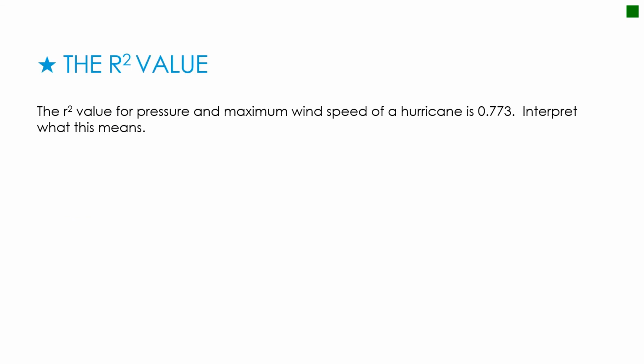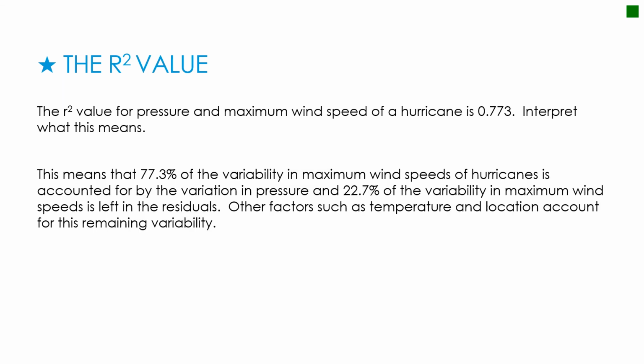So one for you to try: if I told you the r-squared value for pressure and maximum wind speed of a hurricane is 0.773, interpret what that means. Again, in order for me to do this correctly, I would have to think about which one is X and which one is Y, and then talk about what that 0.773 means.